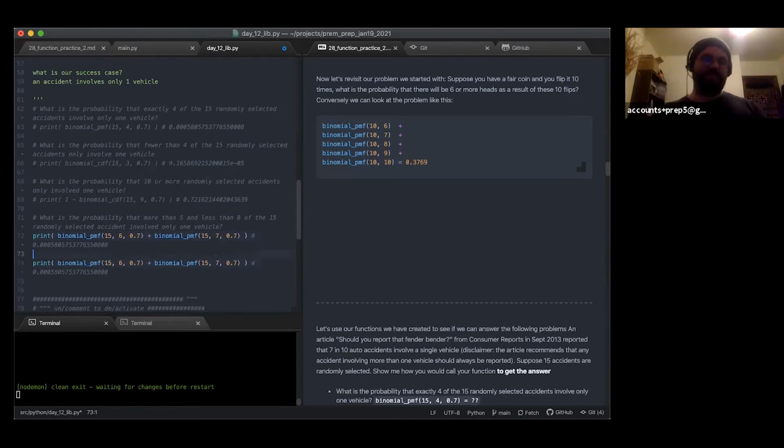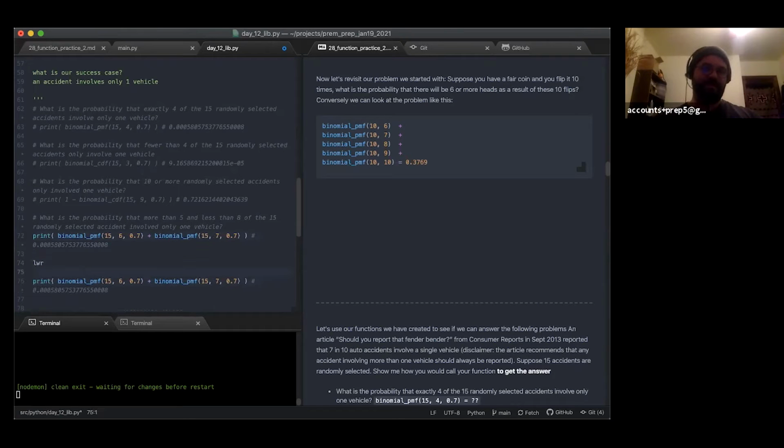But we could make this a little more generic. Let's say lower, LWR, and upper, UPR. So we'll say lower equals 5 and upper equals 8.